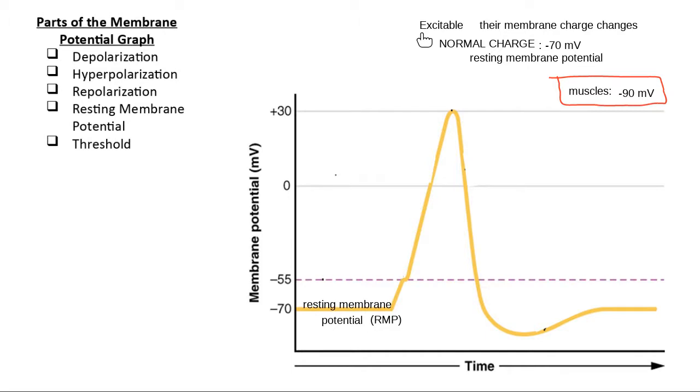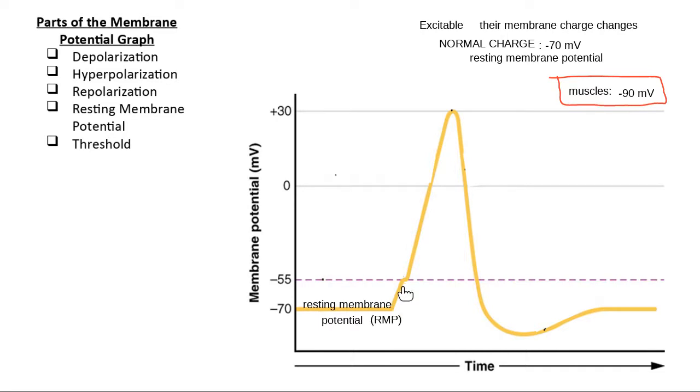They also change their membrane charge. But remember that muscles start a little bit more negative than neurons. So there are two numbers we have to remember for resting membrane potential. For a muscle, -90. For a neuron, -70. Resting membrane potential is when we are resting or waiting for another message.